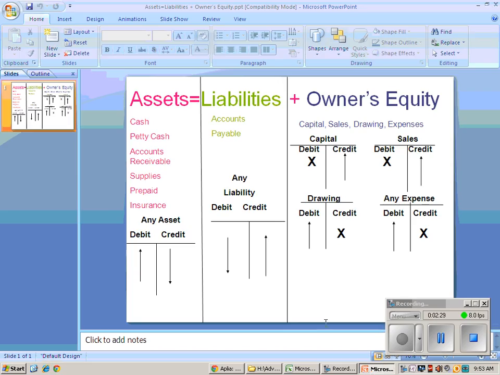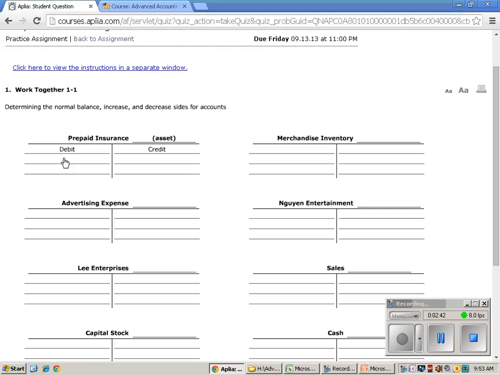So looking back at the sheet, any asset, your increase side is always your debit, your decrease is always your credit. So your normal balance is always the side that increases. So in this case, it will be a debit. So we have increase side, decrease side, and normal balance. All right, so that will be true for all assets.